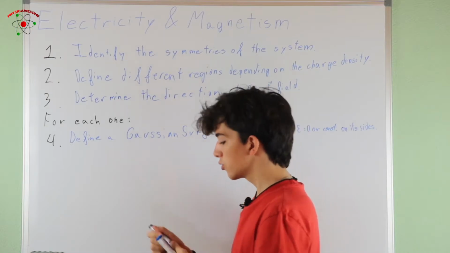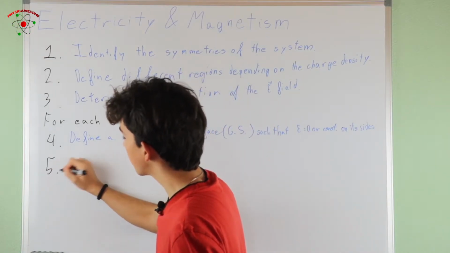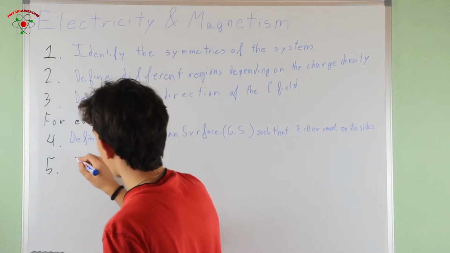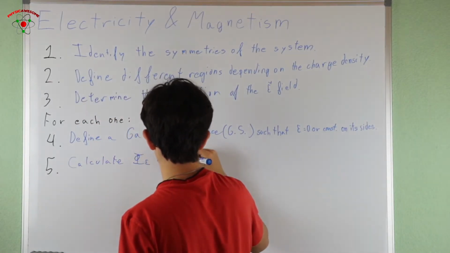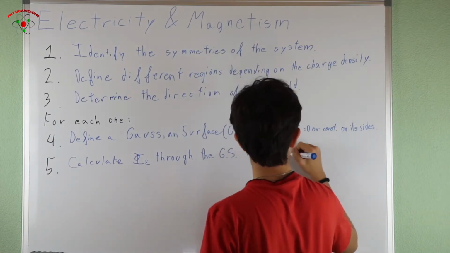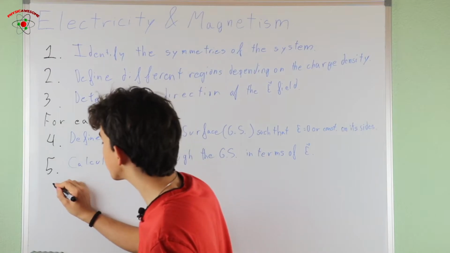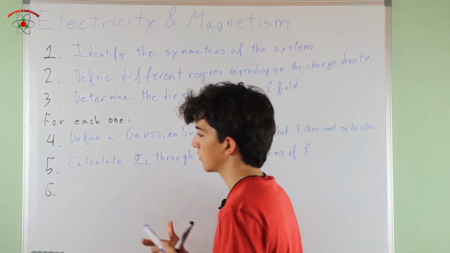After that, you need to calculate the flux through each of those sides in terms of E. Then you need to find the charge inside of each of those regions.